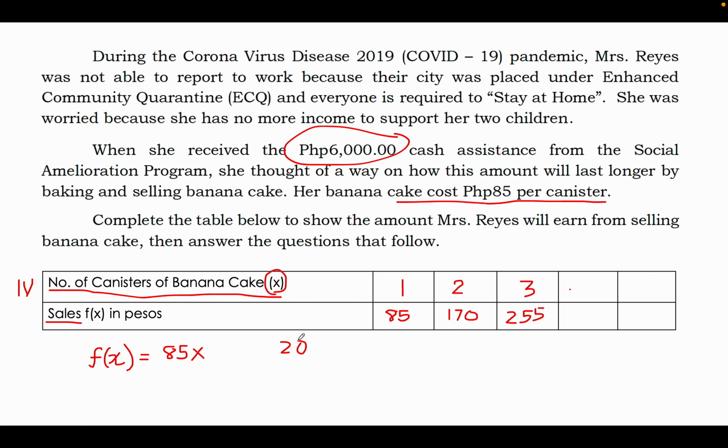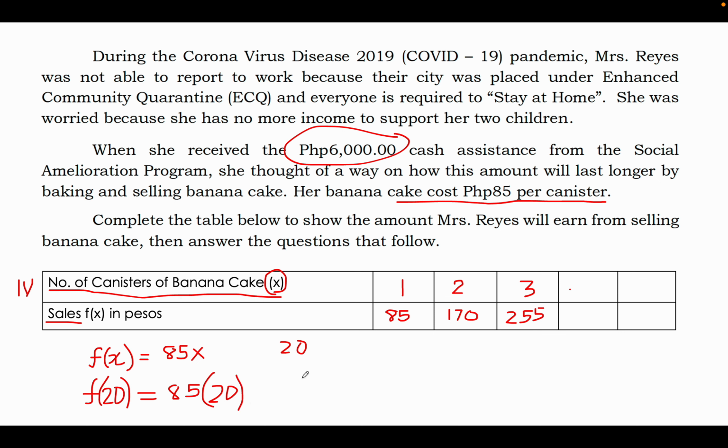Magkano lahat yung total sales niya? So, hindi na natin kailangan na ipagpatuloy natin hanggang 20. Multiply lang natin siya dito. F of 20 is equal to 85 times 20. Multiply lang natin siya sa price.